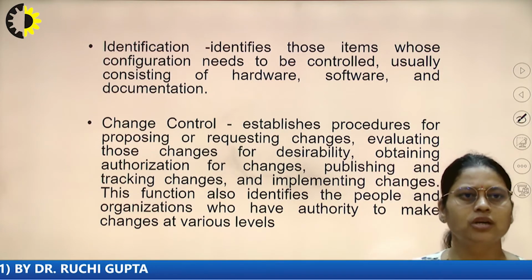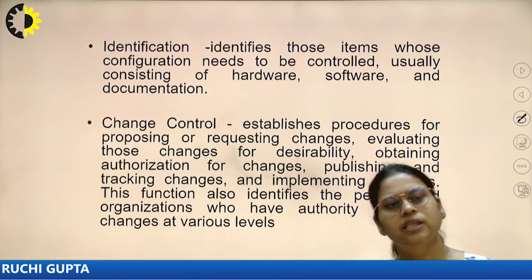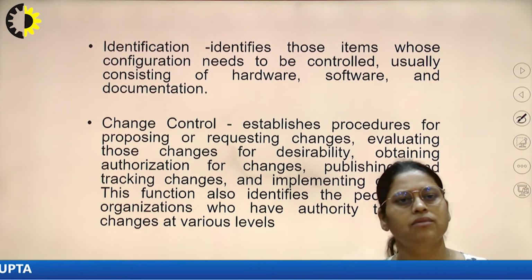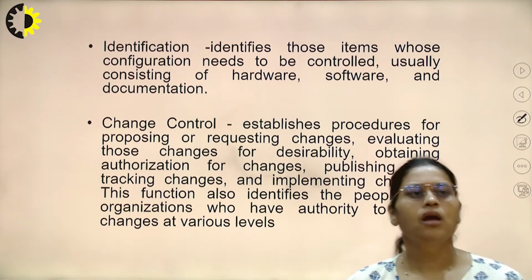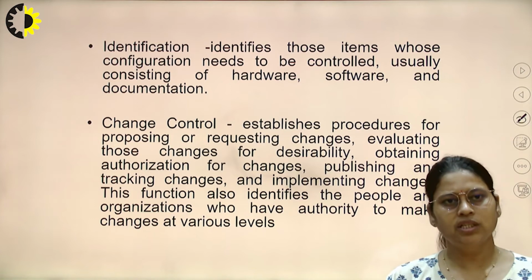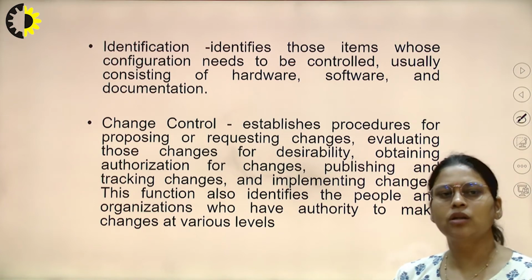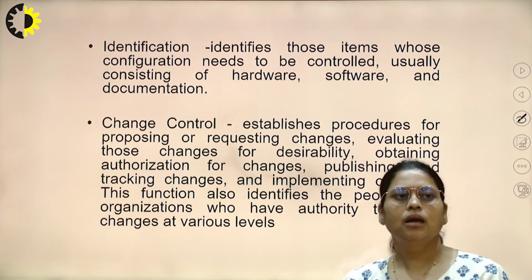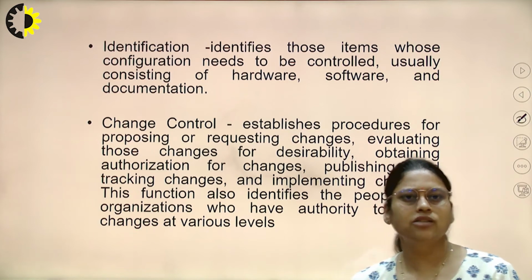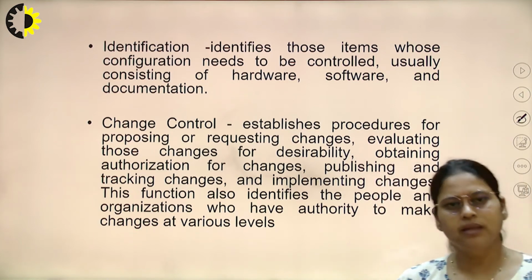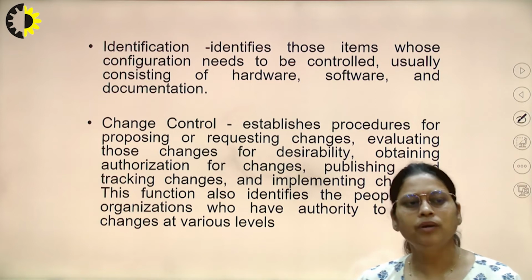Then the change control. In this change control process, we have to establish a procedure for proposing or requesting changes, evaluating these changes for desirability, obtaining authorization for changes, publishing and tracking these changes, and implementing these changes.